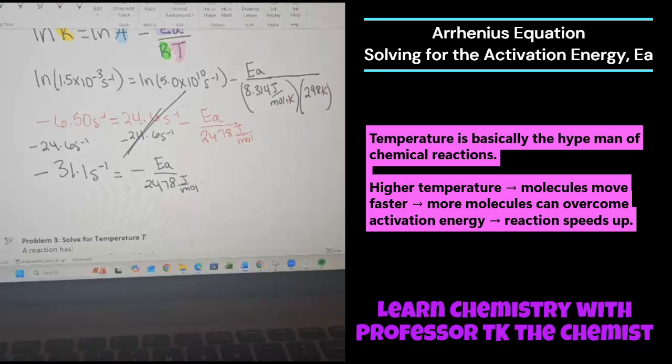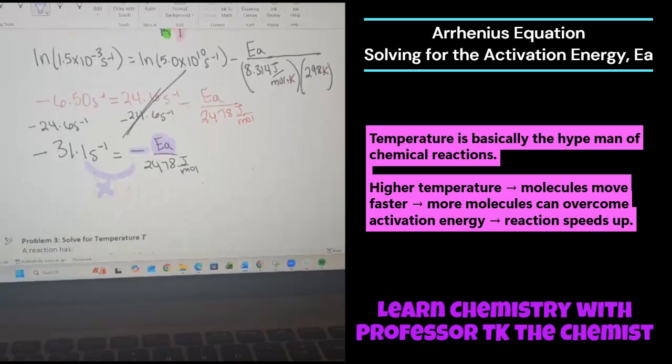All right, now the last step of this, guys, is to multiply. You're going to multiply those two right there, including that negative sign, so that you can get E of A by itself. Again, you're going to multiply these two, including the negative sign, so that the two negatives can cancel out.